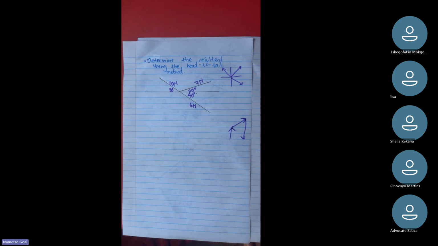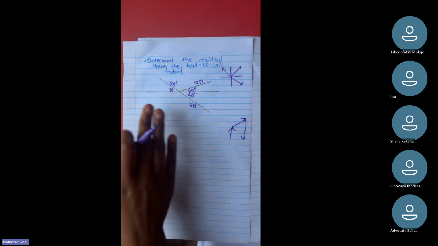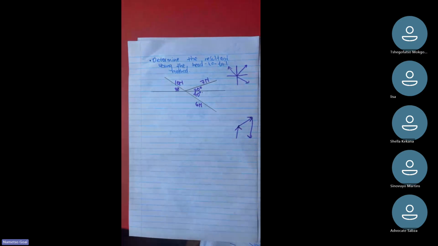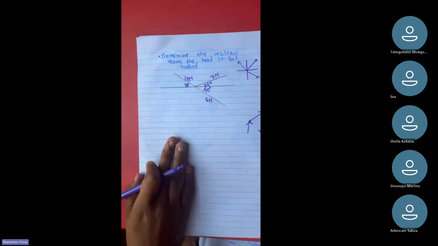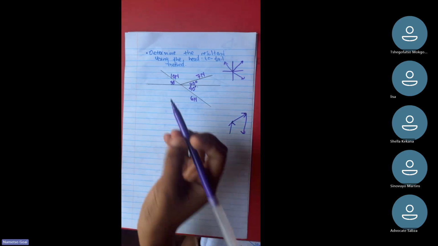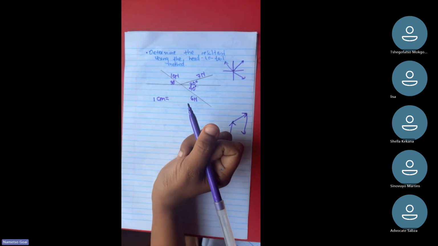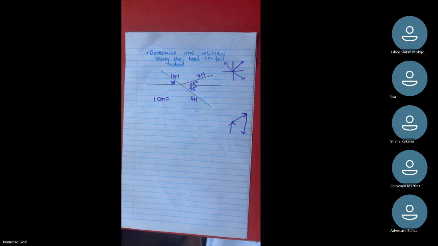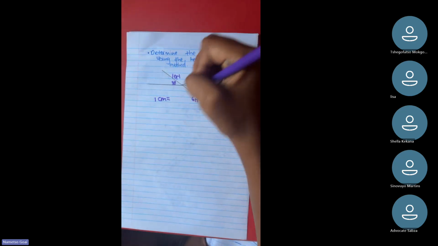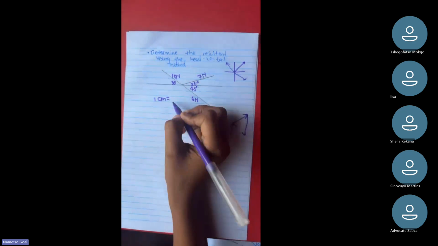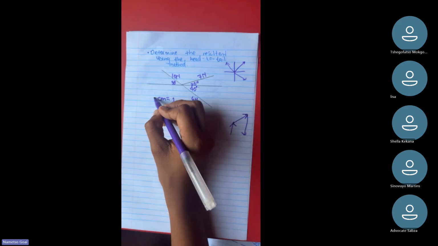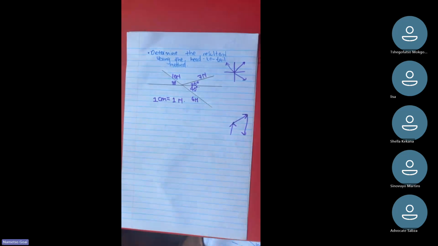Now, this is how you're going to do it, because you have to use scale drawing. So let's choose what our measurements are going to be. 1 cm will be equal to, because we just have 10, 7, and 6, I think 1 centimeter should just be 1 Newton, right?